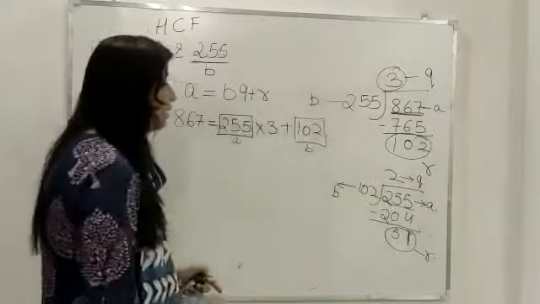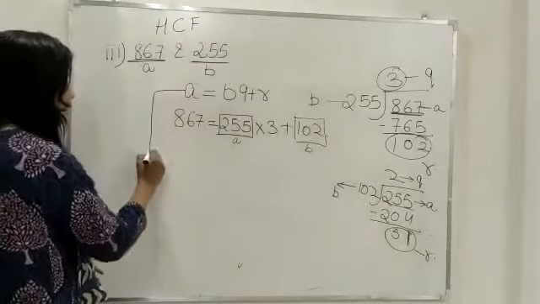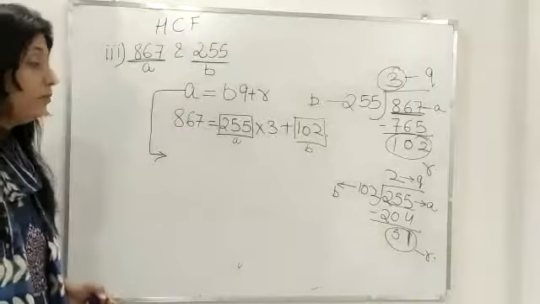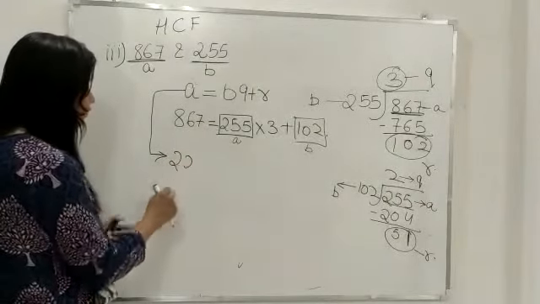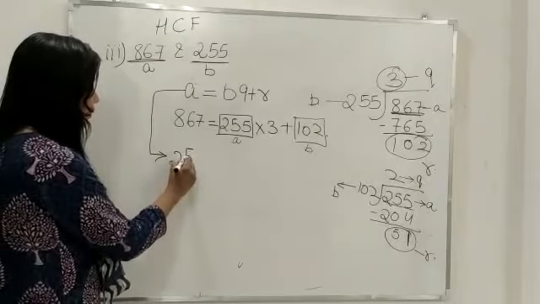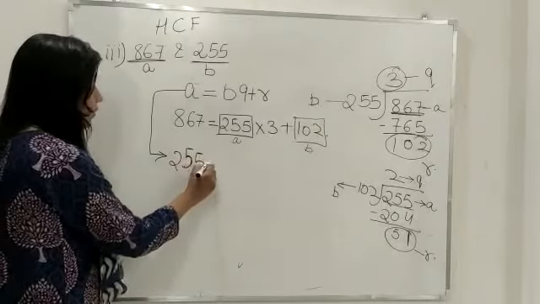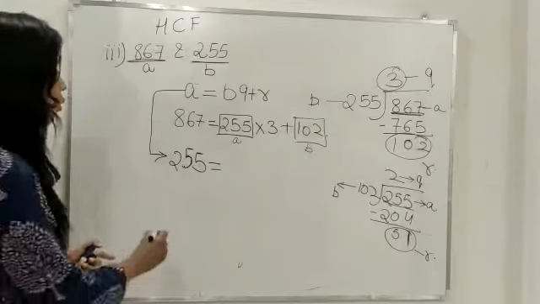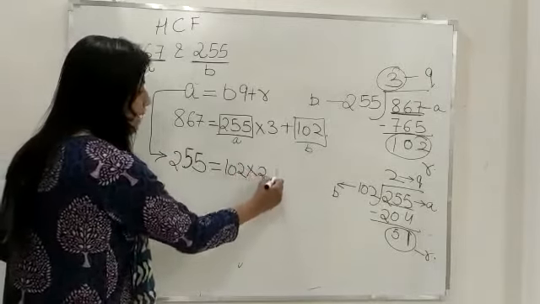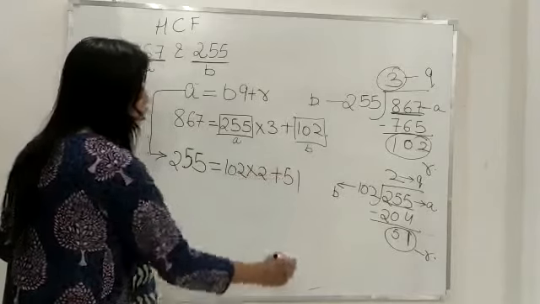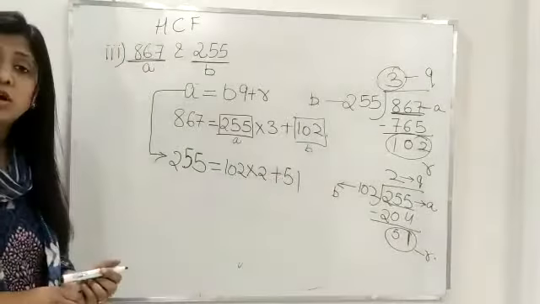So I will apply the same Euclid's division algorithm and I will write 255 is equal to 102 multiplied by 2 plus 51. So again the remainder is not 0.